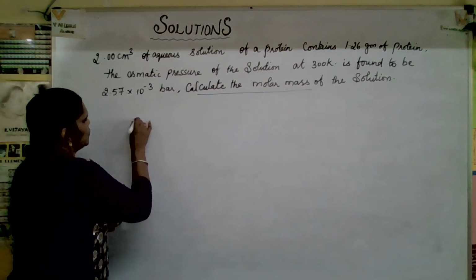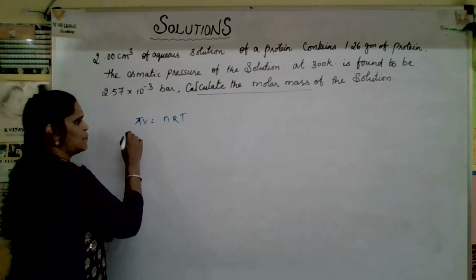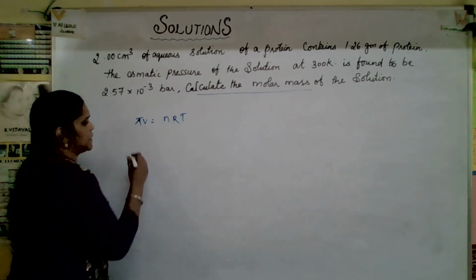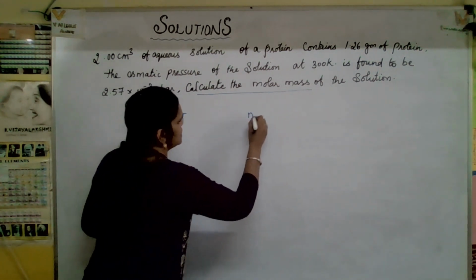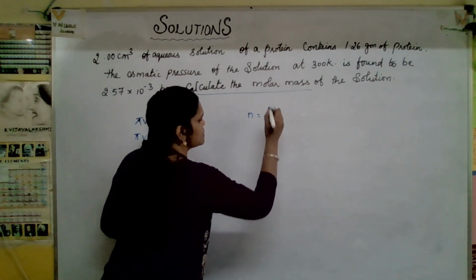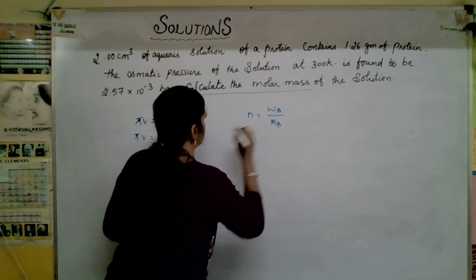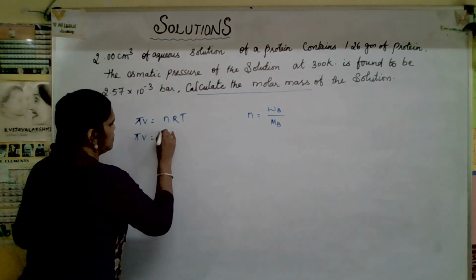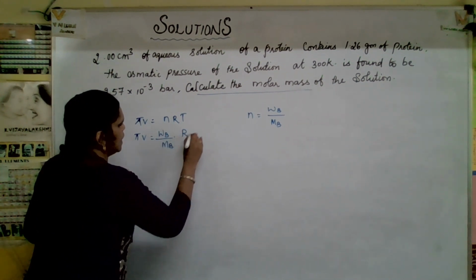So pi V equal to nRT. Pi is actually the osmotic pressure. So pi V equal to n, the number of moles, which is given mass by molecular mass. Let us apply this: WB by MB into RT.